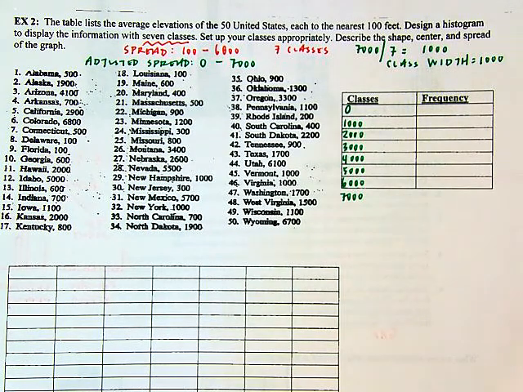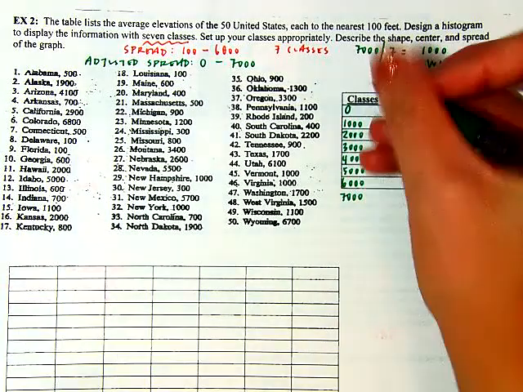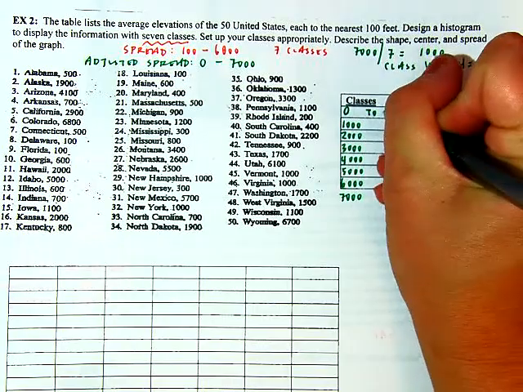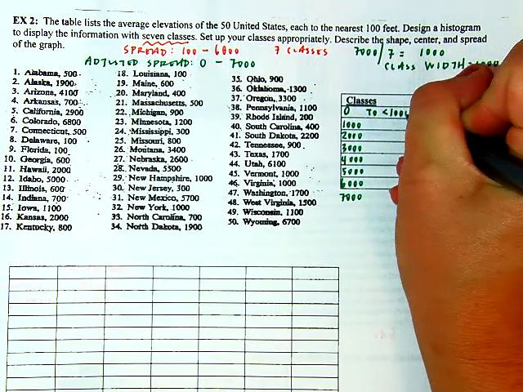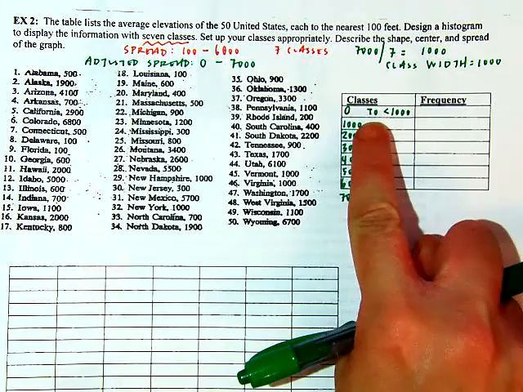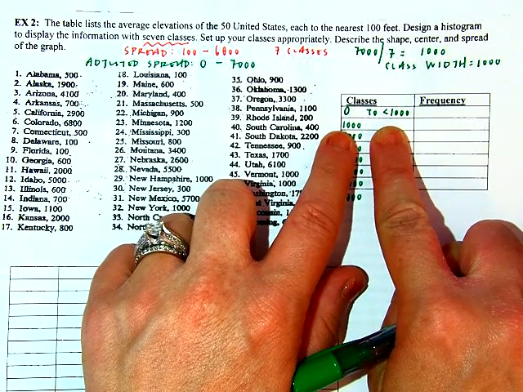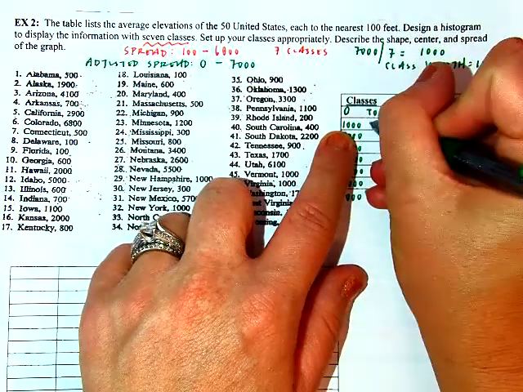Then I need to put on the caps for each class. So this one would be 0 to just under 1,000. I'm using this notation, 0 to just under, less than this next starting point right here. So now I know what to do for all of them.